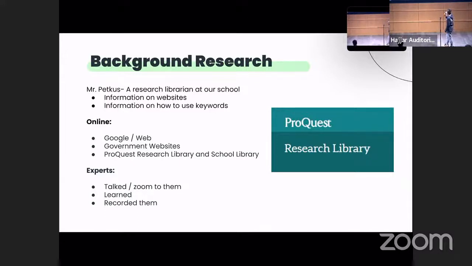And we also talked to experts on Zoom, and we learned from them and recorded them. We got most of this information to help us make a more accurate public service announcement that we would show to the public.